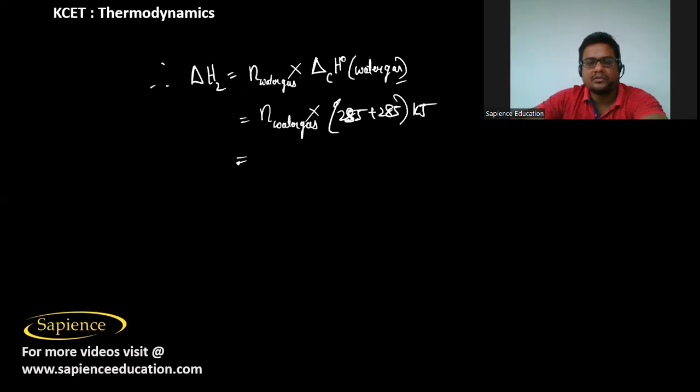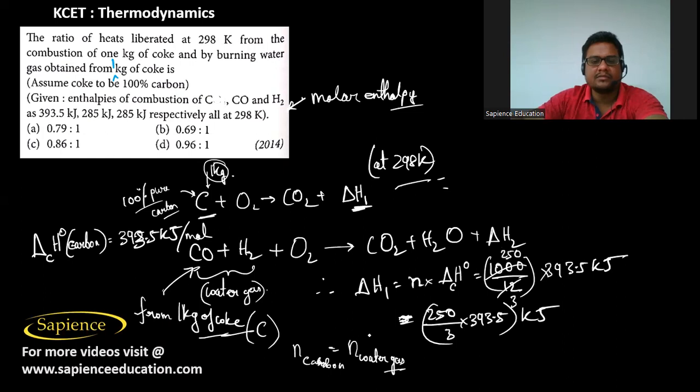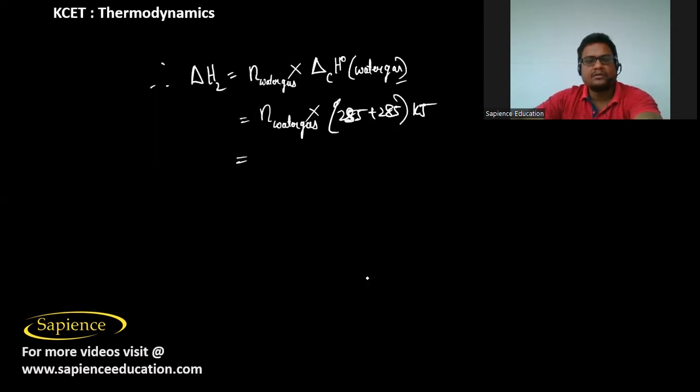Now the number of moles of water gas is same as the number of moles of carbon only, which is obtained from coke. So that is also 1000 by 12, which is equal to 250 by 3 moles. So here also this will be equal to 250 by 3 into 285 plus 285.